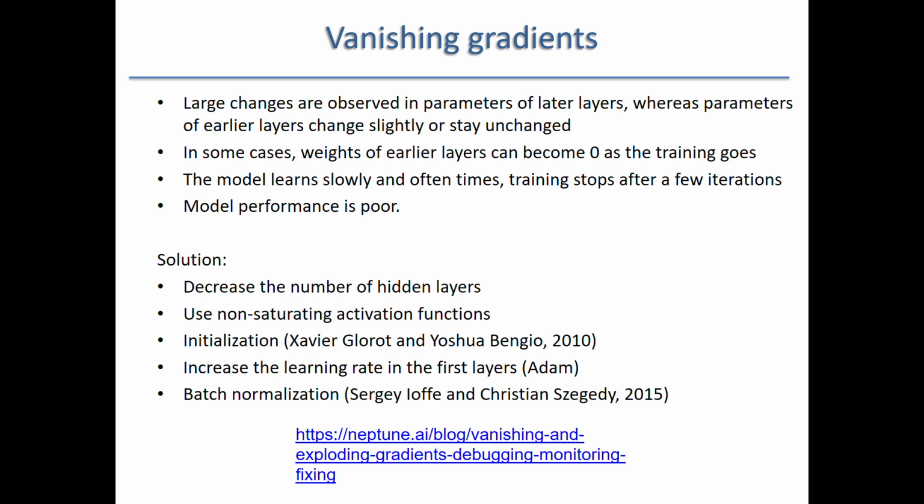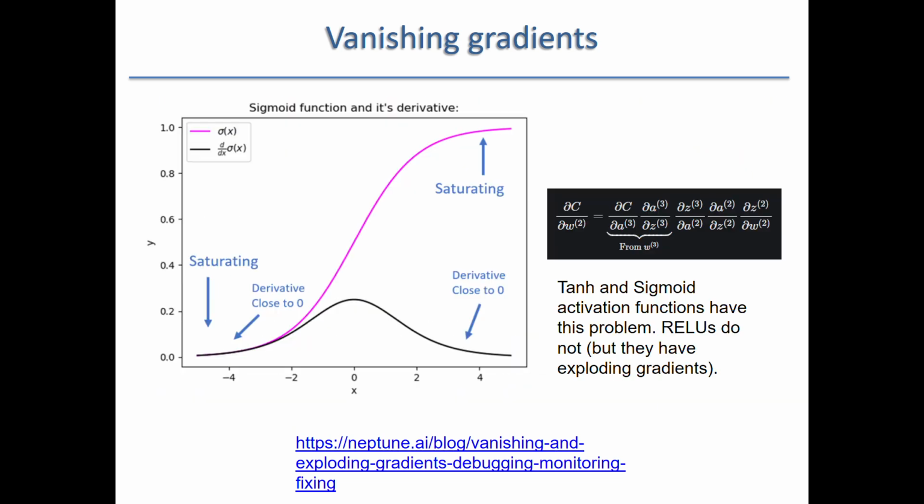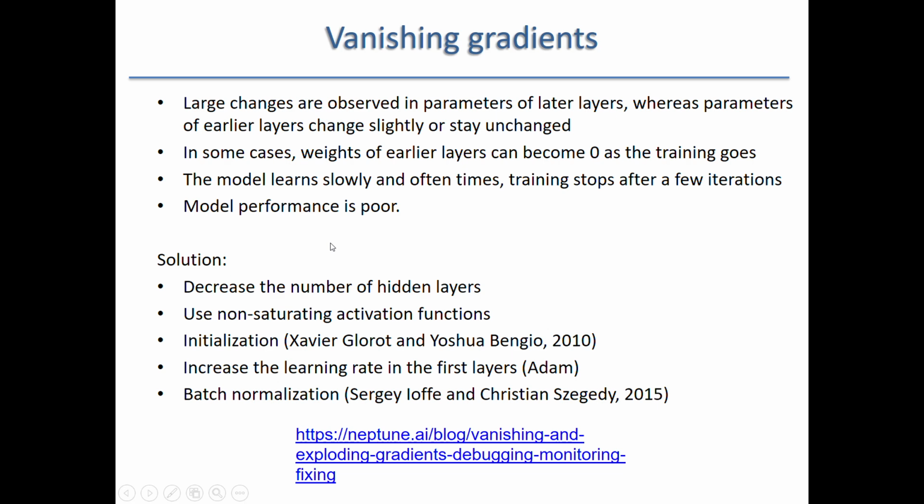There are several solutions. One of them is to decrease the number of hidden layers. The other one is to use non-saturating activation functions. The other one is to initialize the weights in such a way that the first Z values, which are calculated a little bit at random, are in a region where there is a maximum slope.